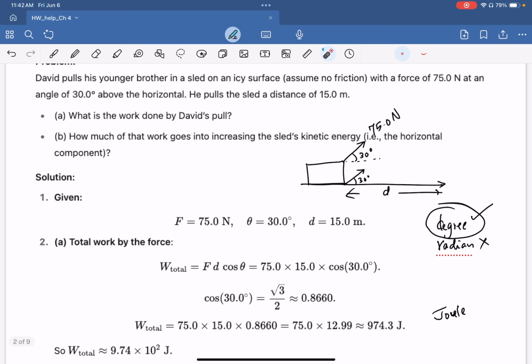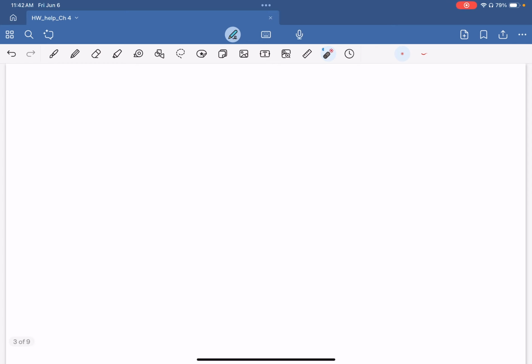You don't have to work it out. And that's only because there is no friction. If there were friction, then a part of the energy would be lost in overcoming friction. All right. So let's go to the second one.